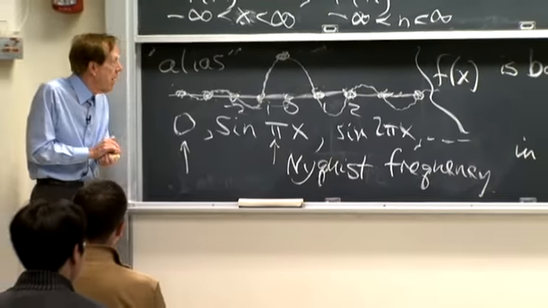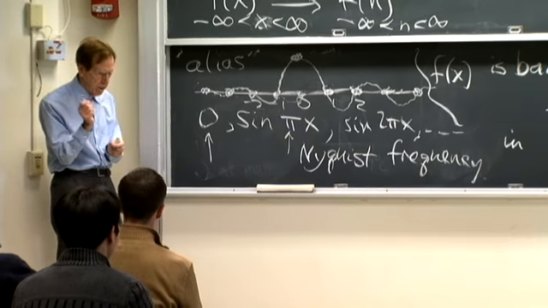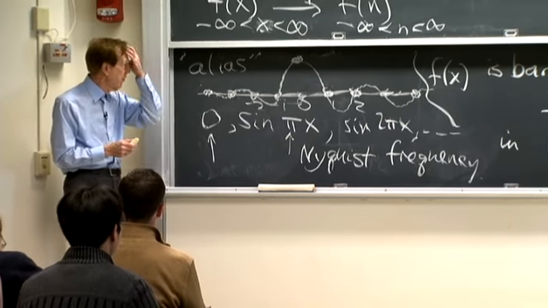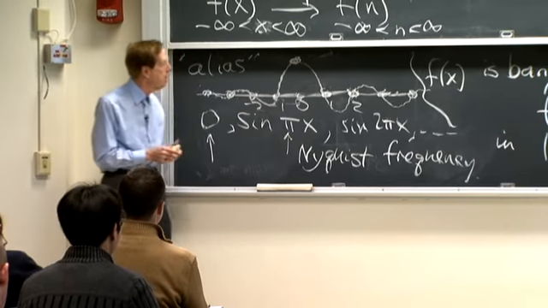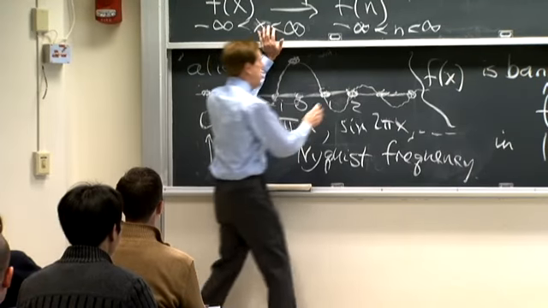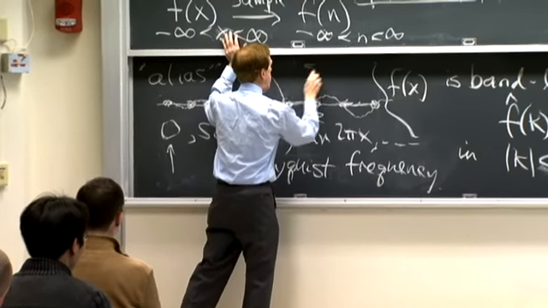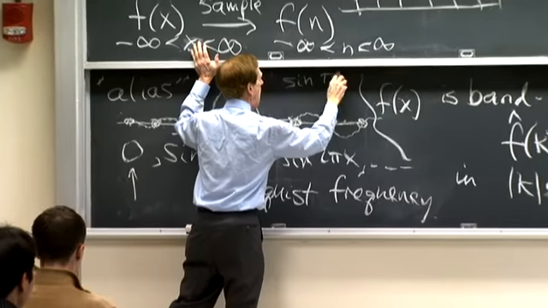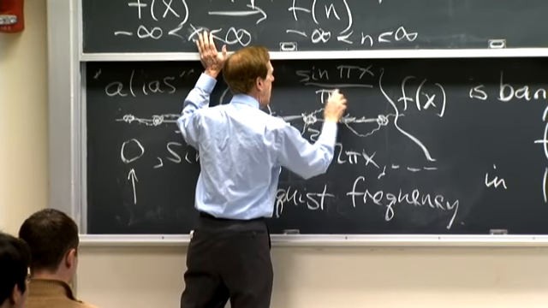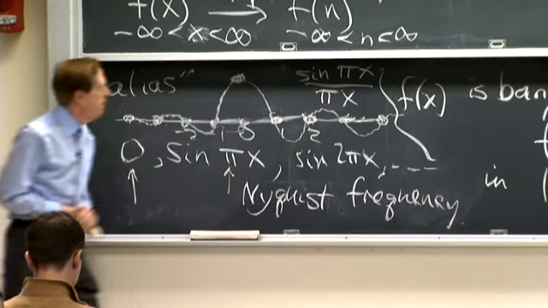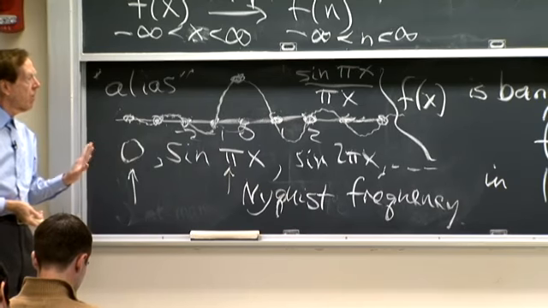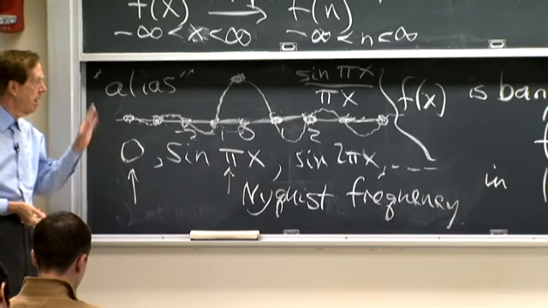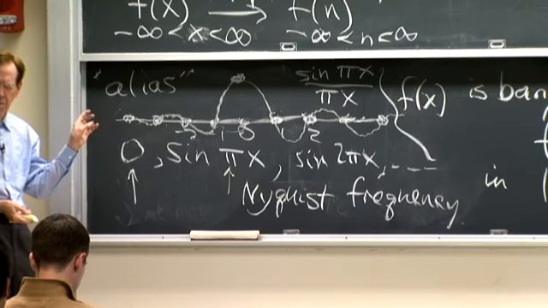Okay, now I'm ready to write down the key function, a famous function that has those samples. And that function is sine pi x over pi x. I don't know if you ever thought about this function. And it has a name. Do you know its name?